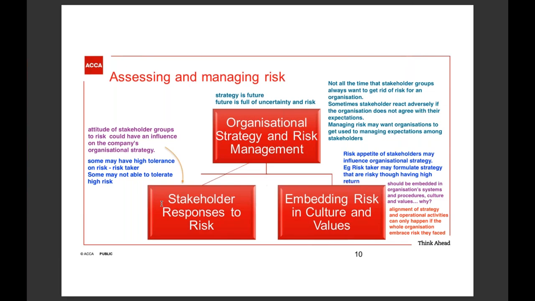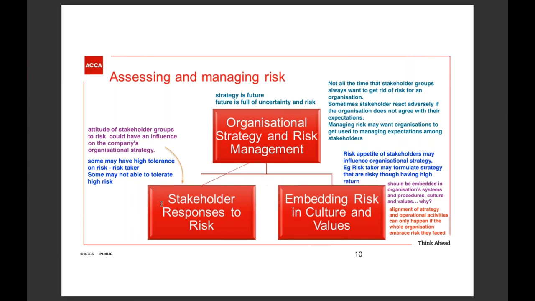They are risk averse, so they wouldn't want to go for any strategy that can harm shareholders' value. But you have this CEO who has high risk tolerance, so he tends to go for strategies that are risky. This may create friction between the board of directors and the stakeholders.